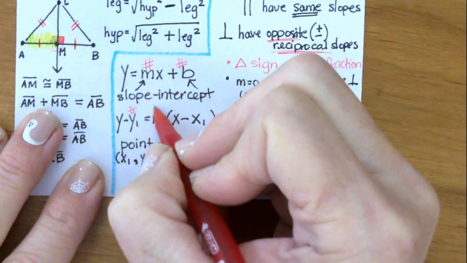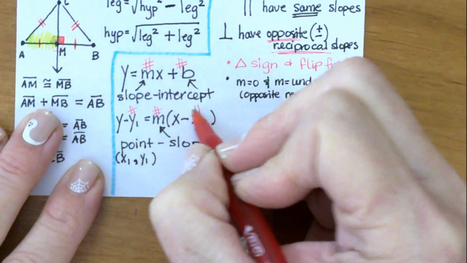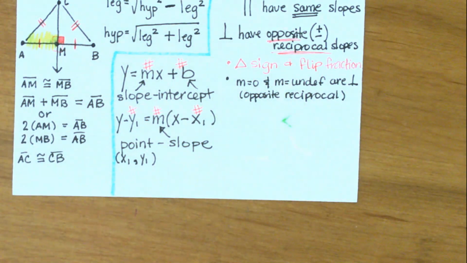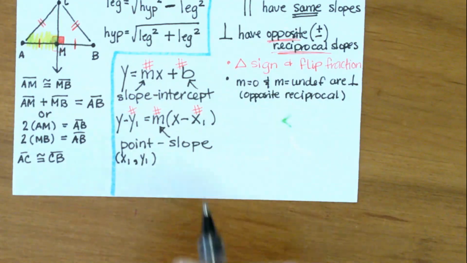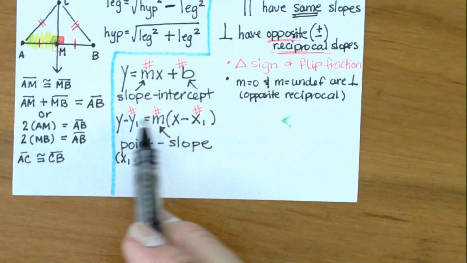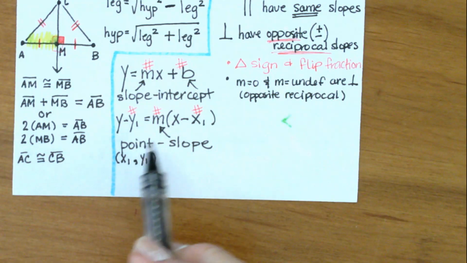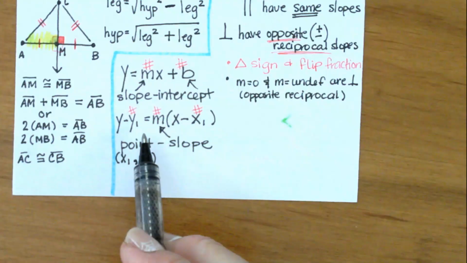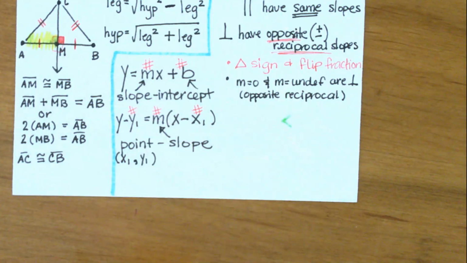Numbers go in these three places only. And then there's 3 steps to writing and using. So the point slope equation, it will give you slope intercept.